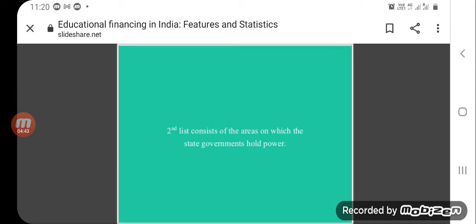And the second list consists of the areas on which the state governments hold power. Yes, central government is above the state governments, but there are some items included in the second list of the administration. And these items or these activities or these aspects of administration cannot be controlled by central government.